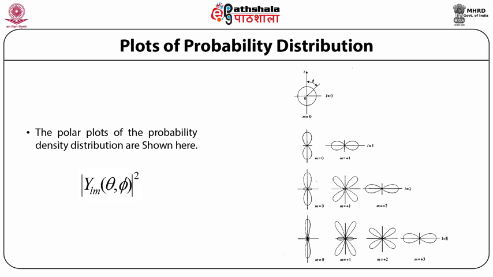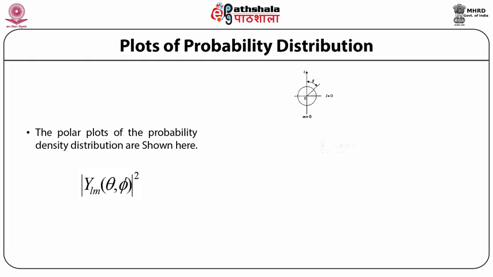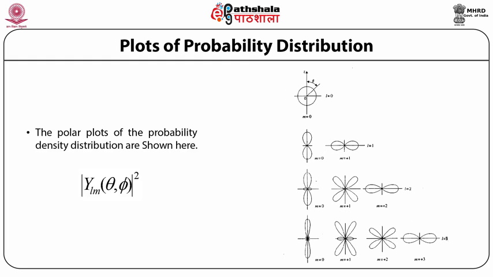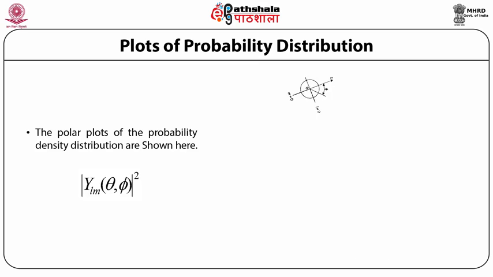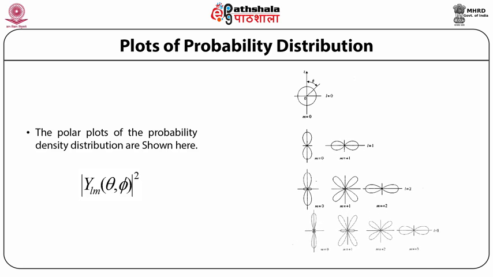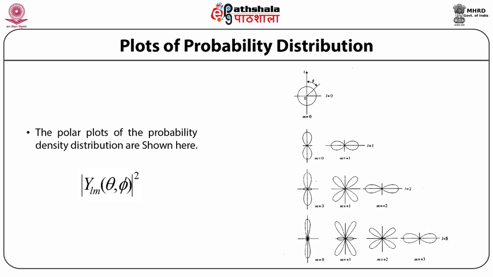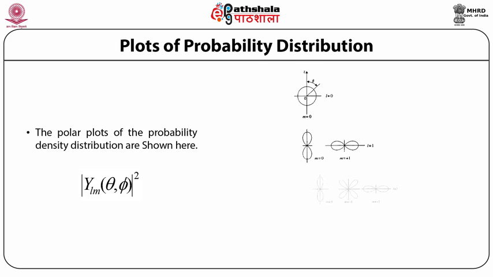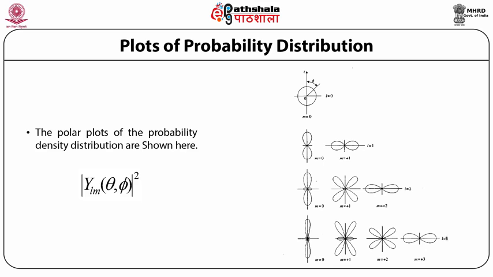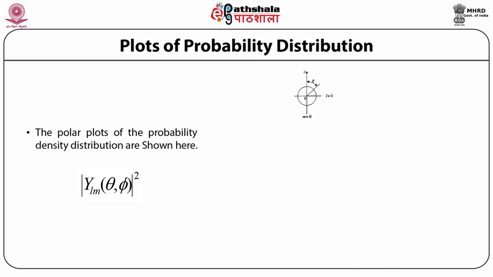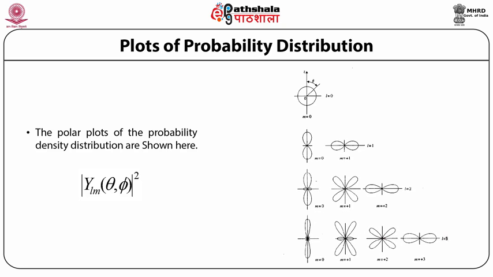For the L equal to 1 and m equal to 0 case, we see that it's a dumbbell kind of shape with the node occurring along the x-axis or the horizontal axis. Whereas in the case of m equal to plus 1 and L equal to 1, again it's a dumbbell kind of shape with the node occurring on the vertical or the z-axis.